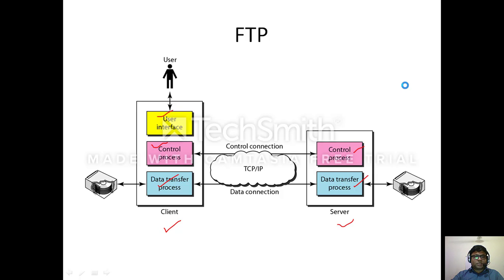One connection is established between client and server in the form of control connection here, and another connection is established between client and server for data transfer, that is the data connection. And this works over TCP/IP.